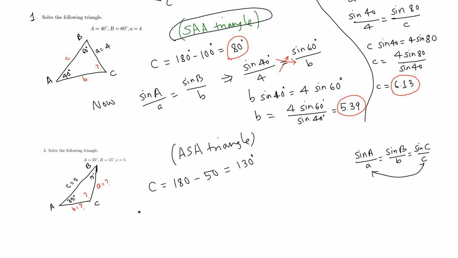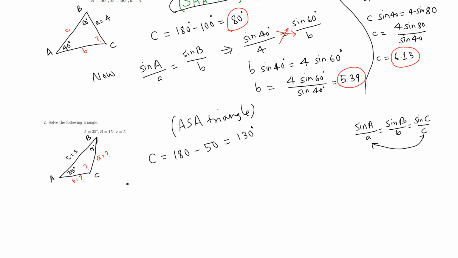So sine A over lowercase a equals sine C over c. That is sine 35 over lowercase a, that's unknown, equals sine 130 over lowercase c, which is given, 5.